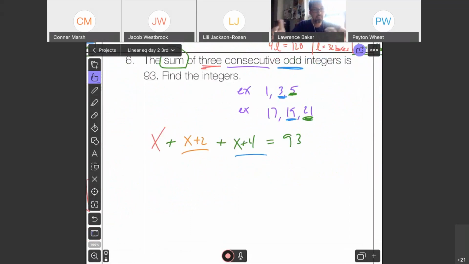Once you're here, the equation is really easy to solve. It's just the idea of how we write consecutive odd integers, in relationship to one number. We call this in terms of x. We wrote these numbers in terms of the first number, so we didn't have to create a new variable.